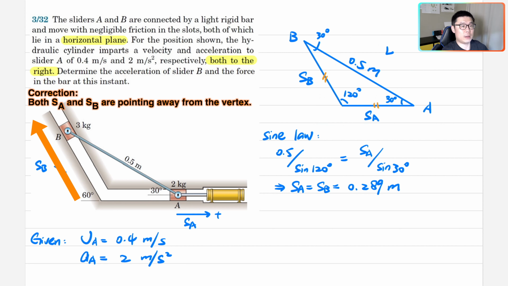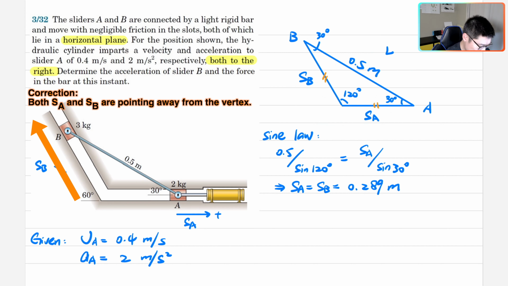On the other hand, the cosine law can give us the overall relationship between SA and SB because they are connected by this rigid bar. This 0.5 meter will remain the same all the time, no matter how A and B are changing, whether it's completely horizontal or completely in the tunnel where B is.